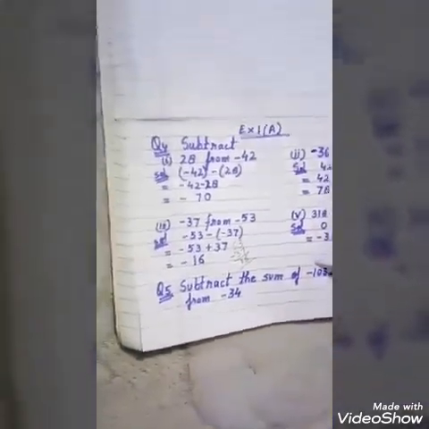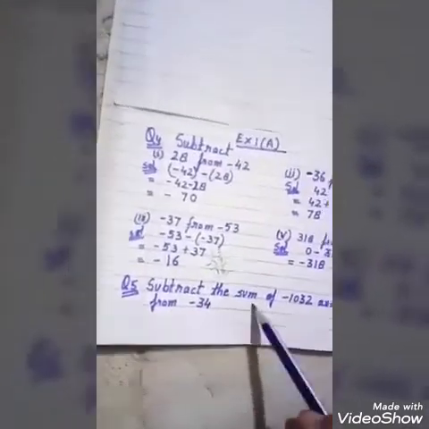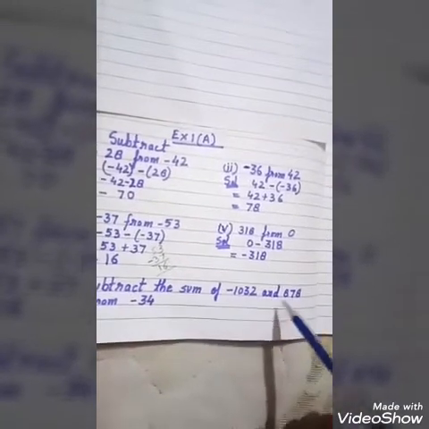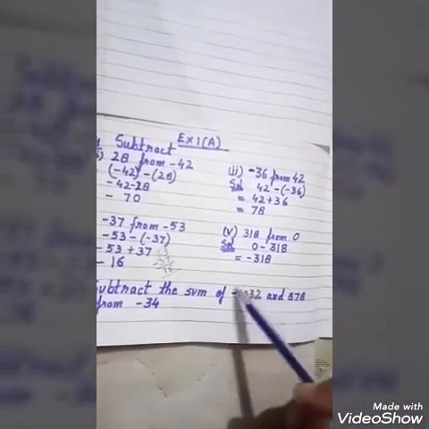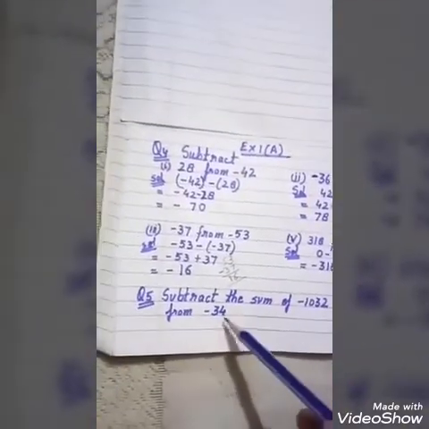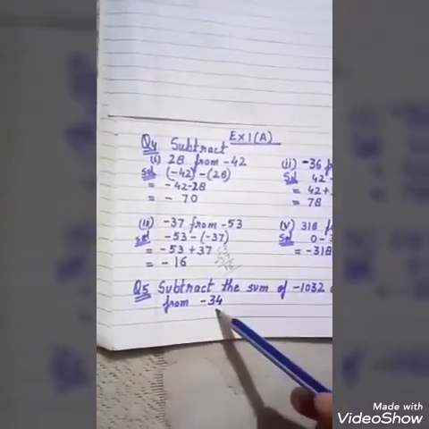Now going to the next question: subtract the sum of minus 1032 and 878 from minus 34. As per the question, I will first add minus 1032 and 878, finding the sum of these two numbers.